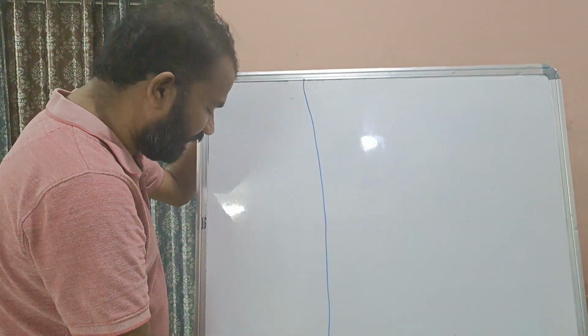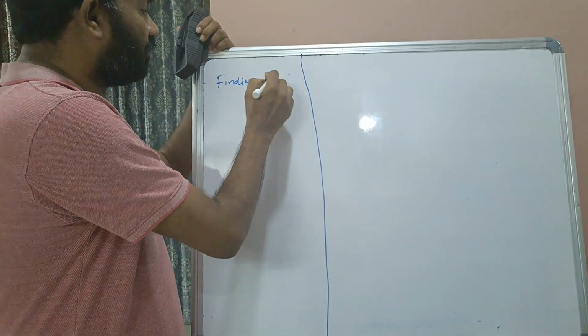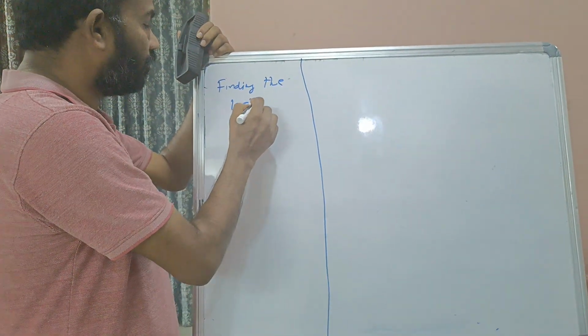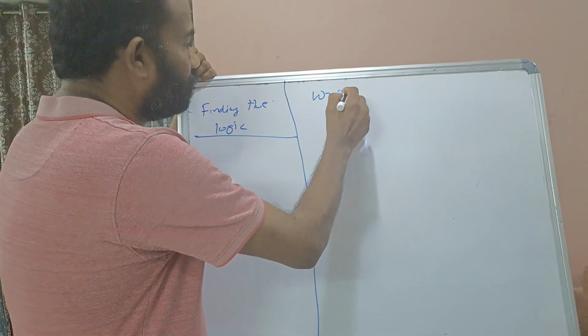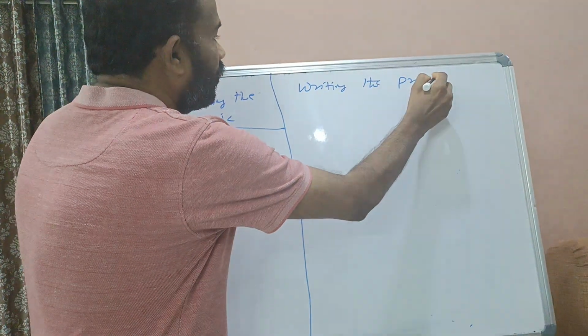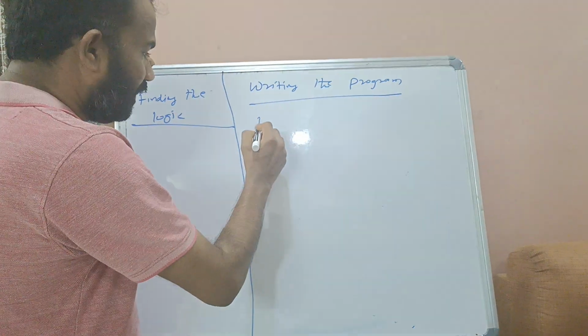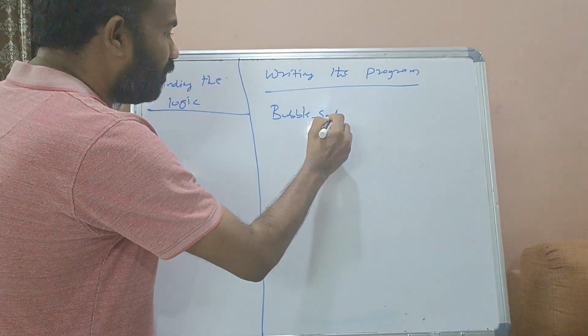So here I am finding the logic, and here I am writing the program. What is the function? Bubble sort.